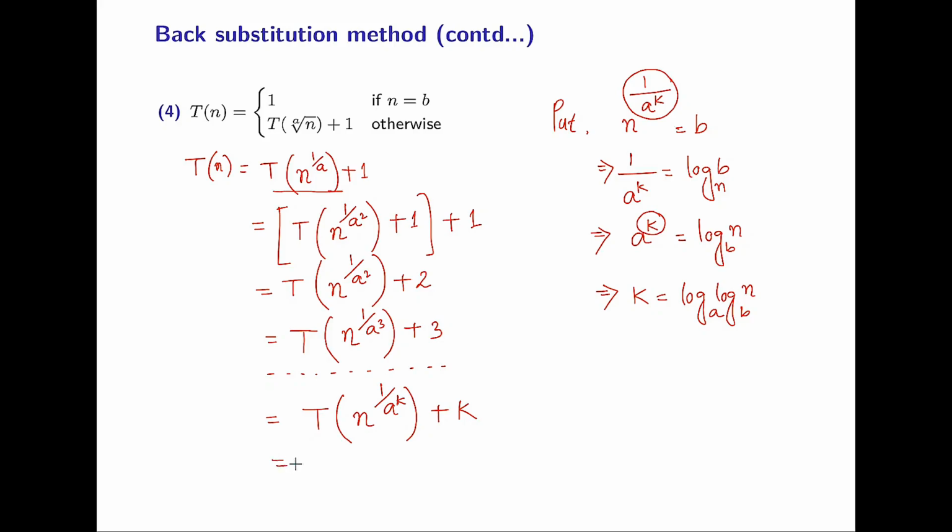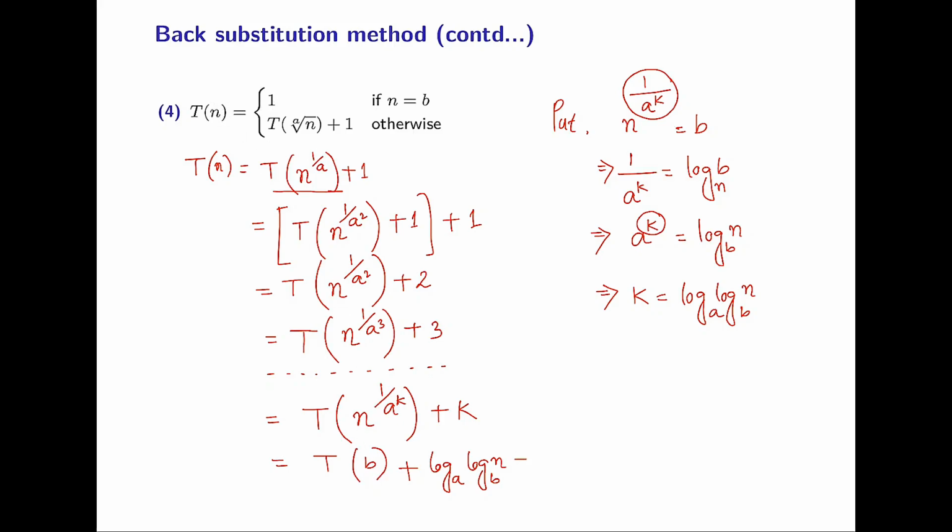So in place of T(n^(1/a^k)) we will write T(b), plus k. In place of k we write log of log n, where the inner base is b and the outer base is a. Now what is T(b)? This is the base condition, that is 1.